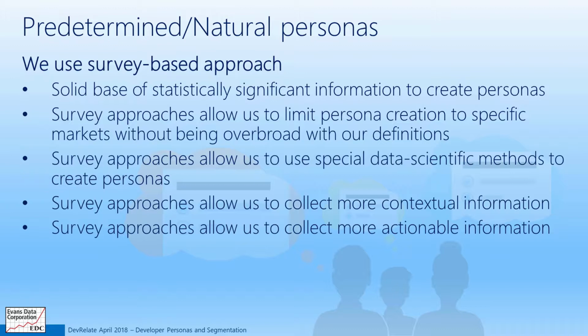We also allow surveys to capture other more contextual data so we can see where people go to find their information or what kind of learning methods they like to use when picking up new technologies, so that once we do have a persona defined, we can map that information onto actionable data. Like if we know that a certain persona likes to read analyst reports, then that kind of outreach information can be made useful when that's paired with the persona definition.